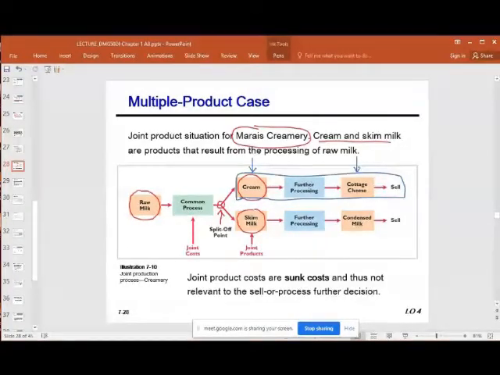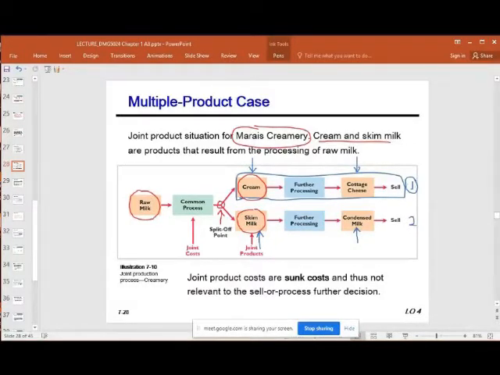To sell at cream or process further and sell at cheese. The second decision is, do you want to sell at skim milk, or process further and sell at condensed milk? This is the first decision, and this is the second one.